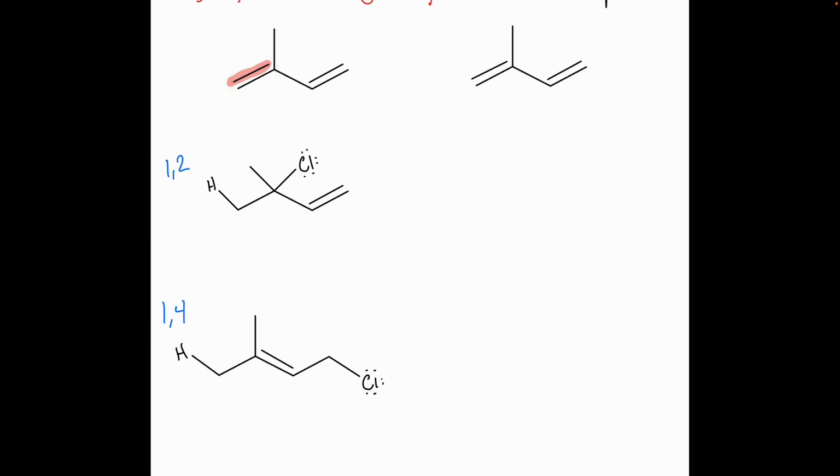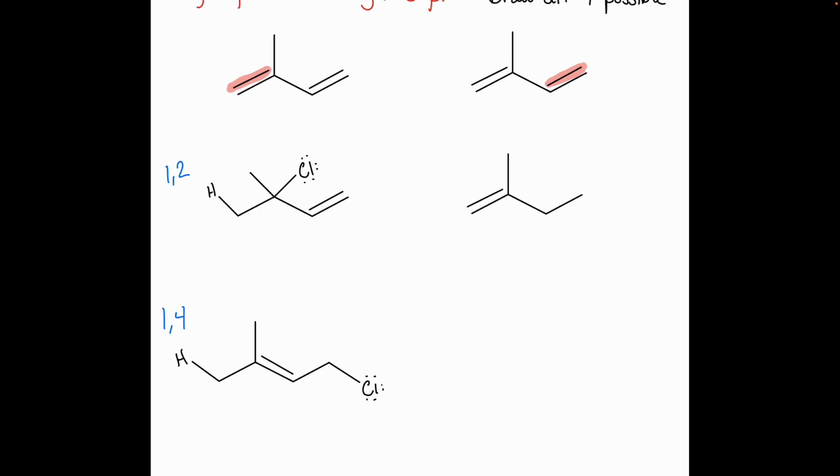role of the nucleophile. If instead my other double bond had been playing the role of the nucleophile, then my 1,2 adduct would have my hydrogen on that first carbon, and again my chlorine always in that allylic position.